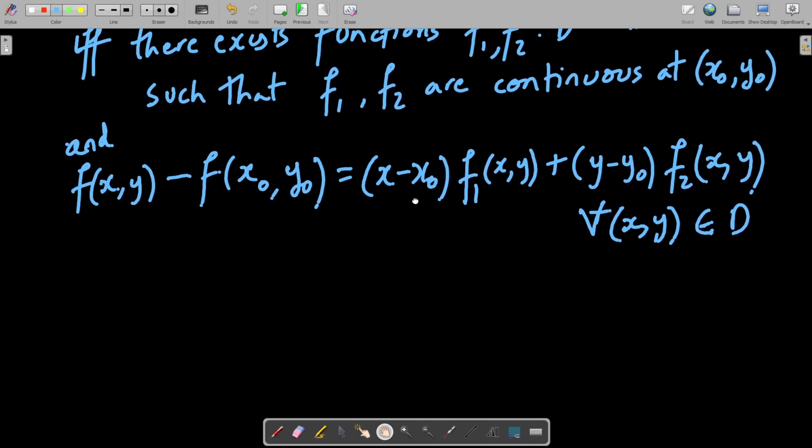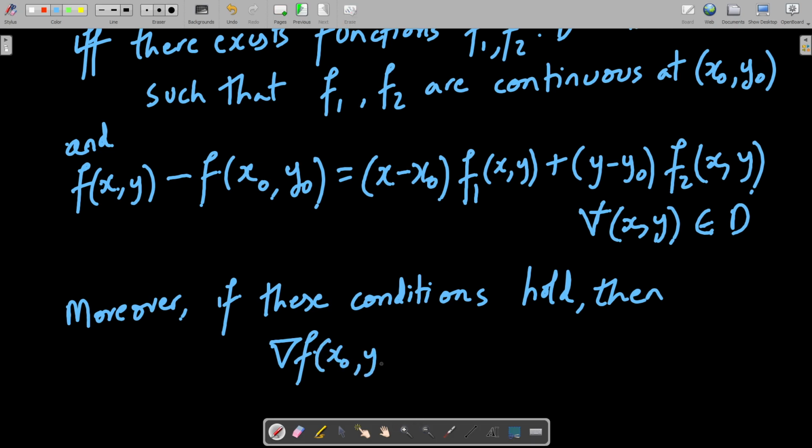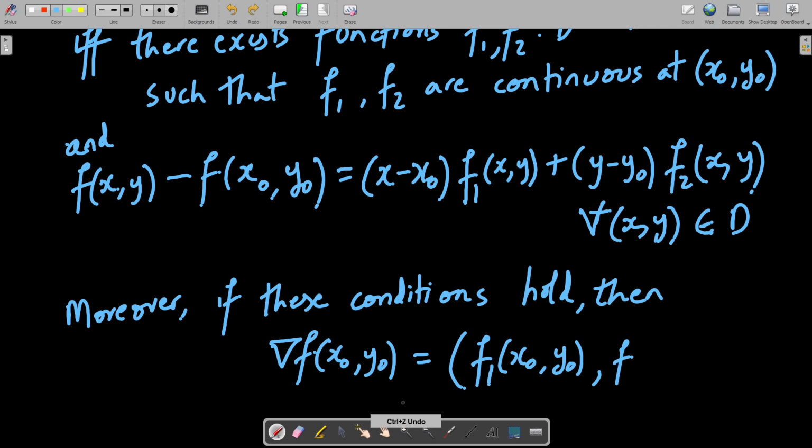Moreover, just like last time, if these conditions hold, then the gradient of f at (x naught, y naught) is nothing but... I'm not supposed to give you the spoilers first, right?